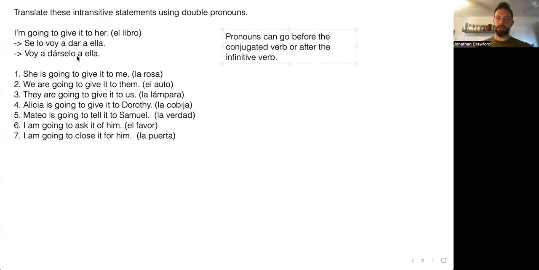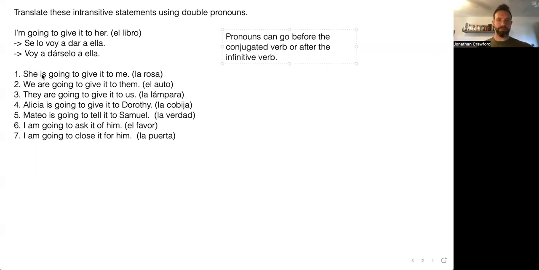And then le lo. The le has to turn into se because you can't have le lo in Spanish. So se lo. And now it's just connected. They're all connected in one word. But if it goes before the conjugated verb, then it goes before voy. Voy is the conjugated verb ir in the yo form, which means to go. Voy means I go. Se lo voy a dar a ella. I'm gonna give it to her. It meaning the book. Or you can say voy a dárselo a ella.